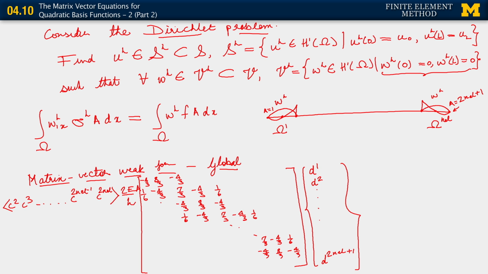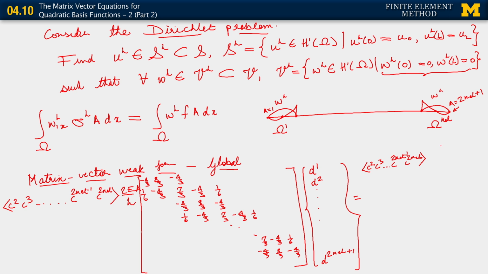That's what I need. All right. We have this equal to, on the right-hand side, our C2, C3 vector going all the way now to C2NEL minus 1 and C2NEL.